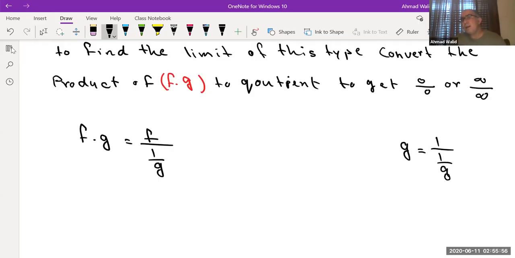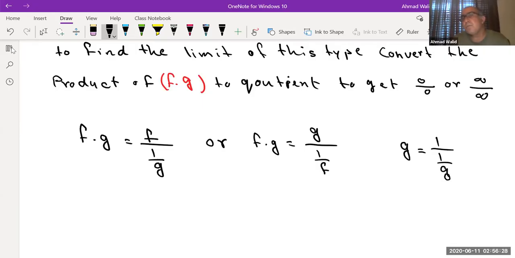The right side and the left side are the same. 1 over 1 over g gives you g, right? Then instead of f times g, you can write f over 1 over g, or you can write this as g over 1 over f. In any case, you are changing the product to a quotient.